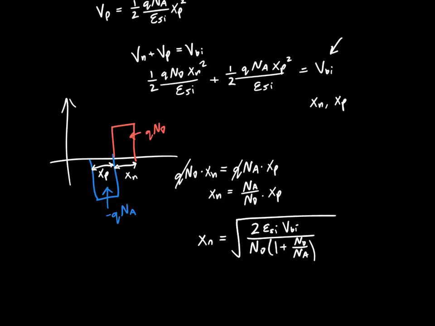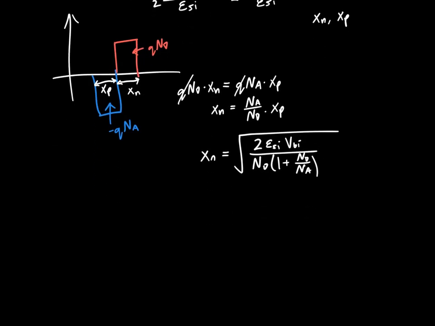And you'll get a similar answer for xp. You'll get that xp is equal to the square root of 2 times epsilon silicon VBI. And here, instead of Nd, it's Na. So Na times 1 plus Na over Nd.